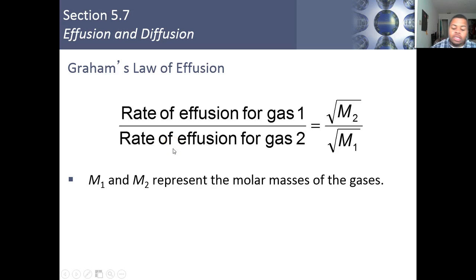Now, to look at an example, we have in your packet, sorry, lost my page. Here we go. If we're looking at the Graham's Law worksheet, this is where we're going to see our first example of this. Number 5 says calculate the ratio of the rate of effusion of methane versus silicon tetrahydride.